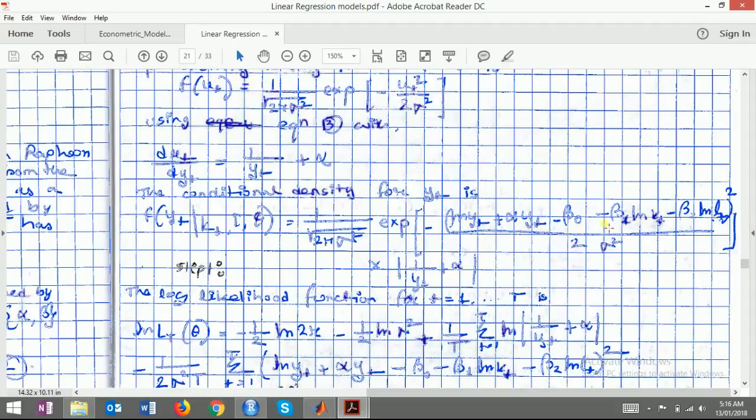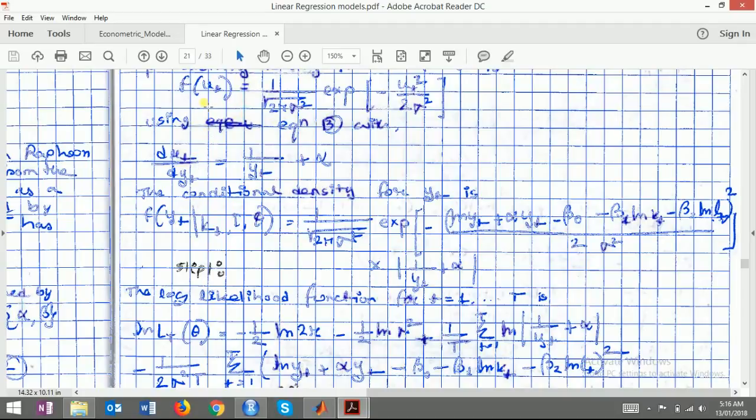This is the left hand side, this was the right hand side. We take everything on the left hand side, we are left with the residual ut. This is the representation of the residual, so whole square ut square divided by 2 sigma square, exactly the same thing. And this is simply f of ut.